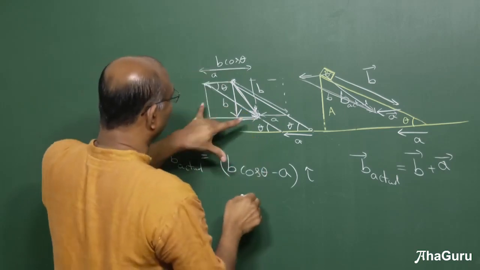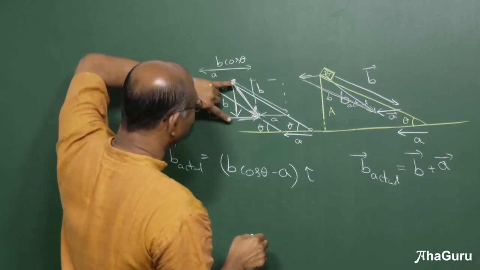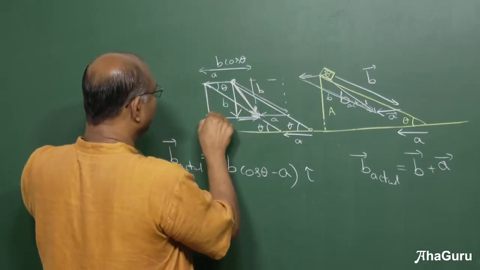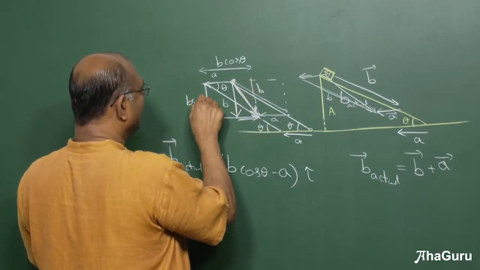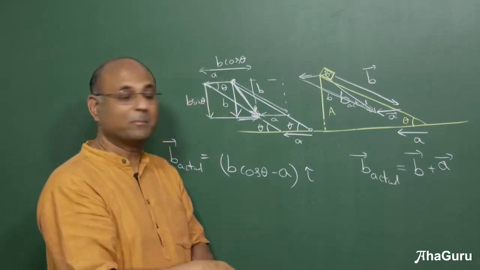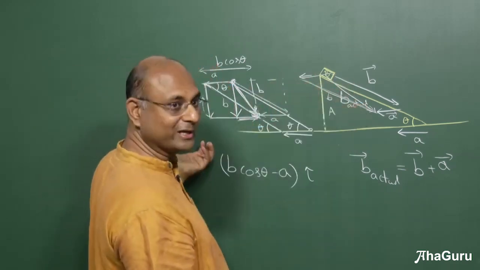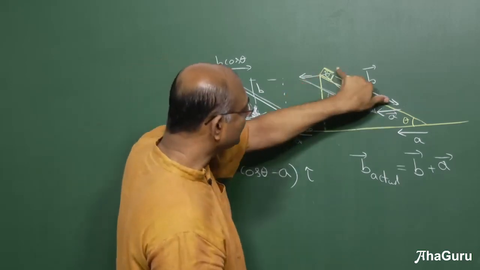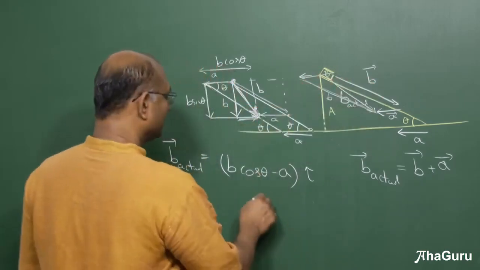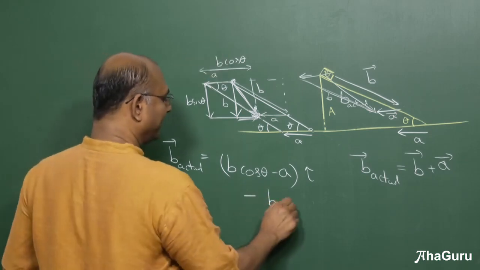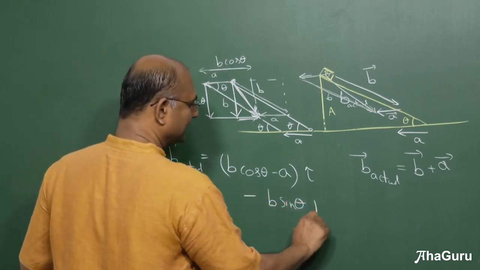How much is the vertical component? Well, the vertical component is the same as this vertical component. So this was B cos theta. This is B sin theta. And that is the only amount that is coming down, because this wedge is not moving vertically. It's only moving horizontally. So the vertical motion was entirely due to B. So that means minus, because it's going down, B sin theta j cap.